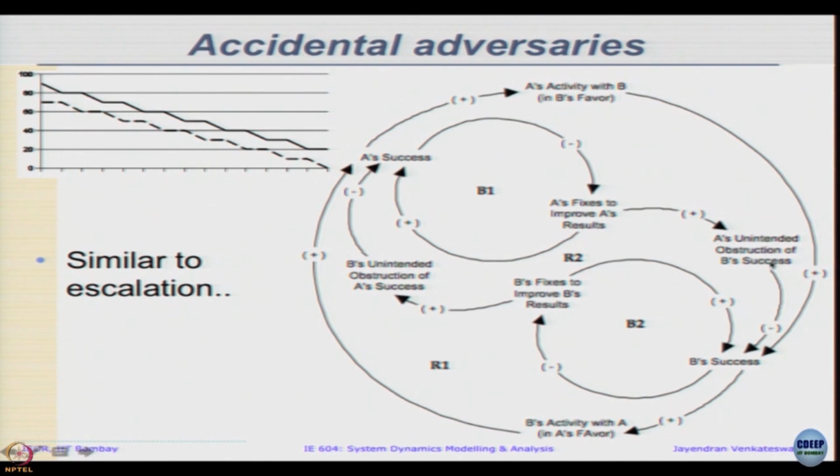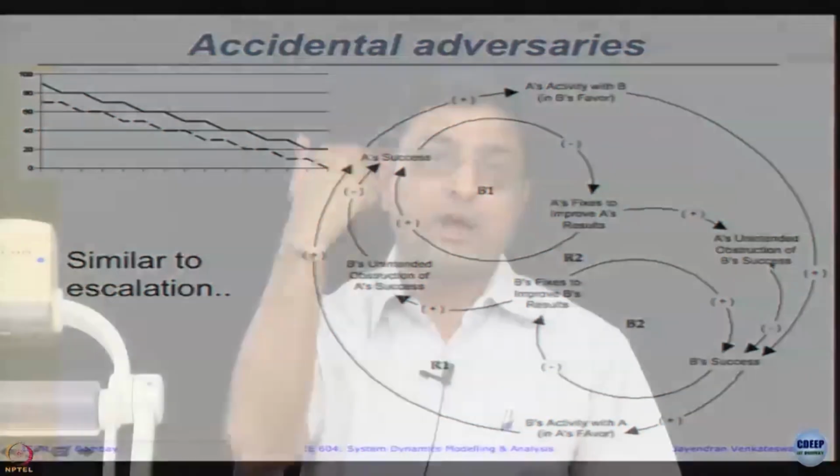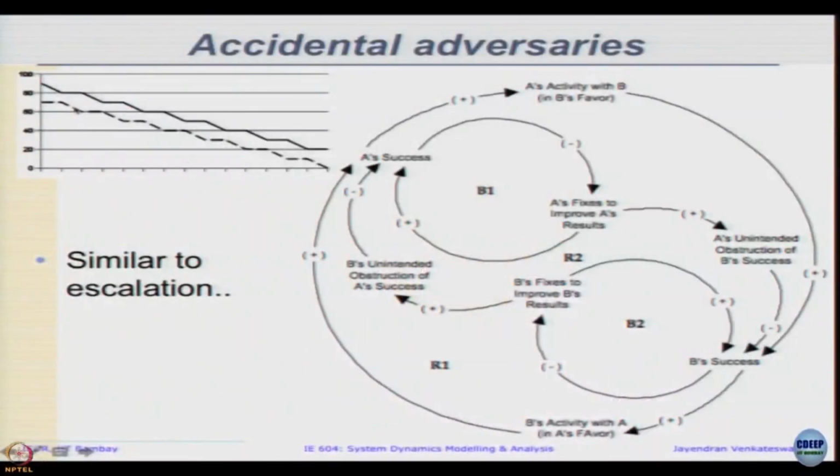Then B gets offended and B does something else to change his success, which inadvertently offends the other person. The result is both parties start to lose out in the long term, because they felt the other was doing something only to spite me, but it was not so, they just perceived it, and the result is both are going down.